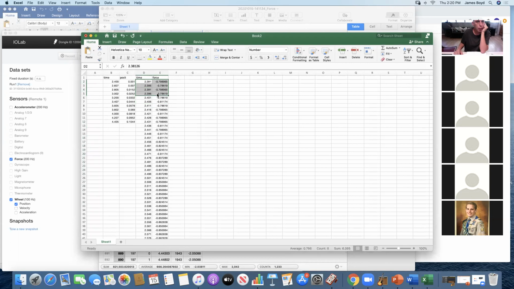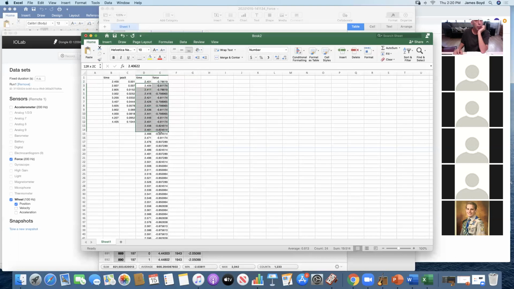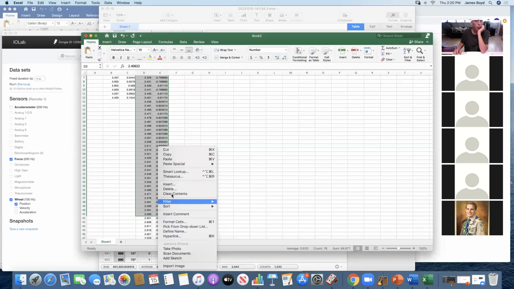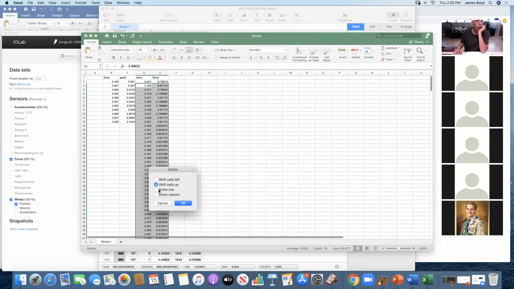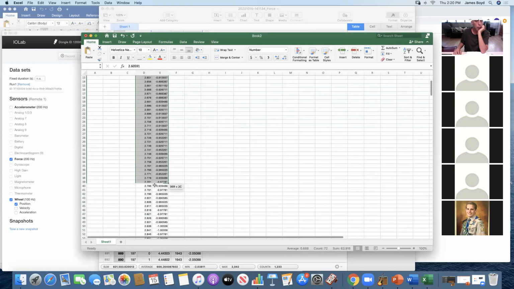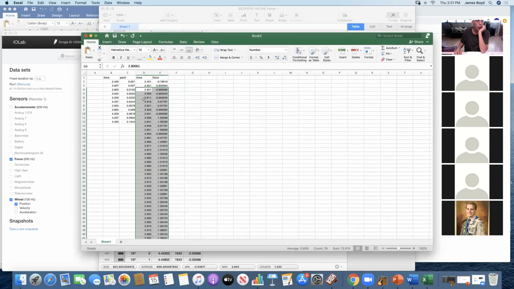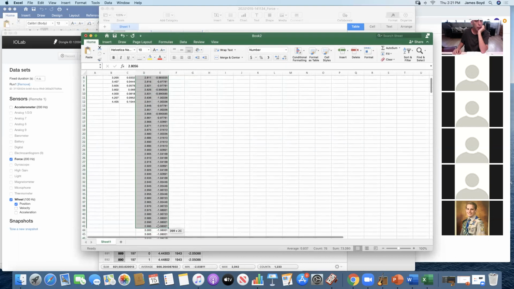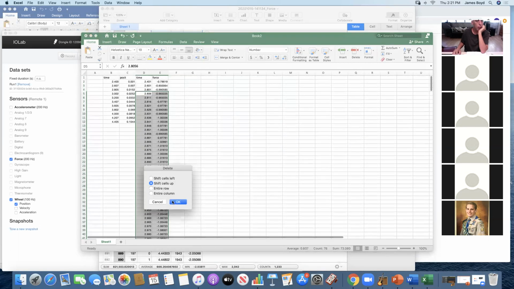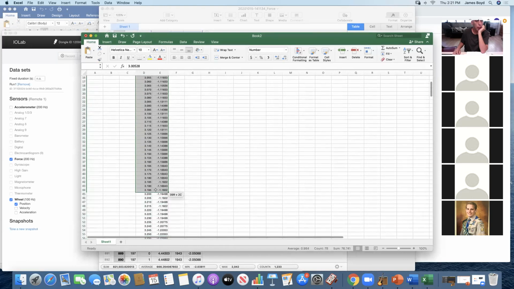Everything before 2.4 is all going away. 2.4 to 2.6. Almost done.